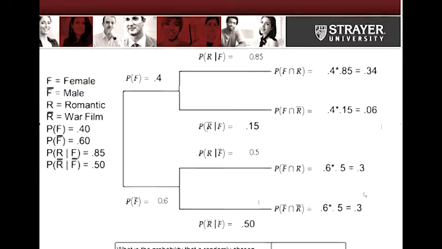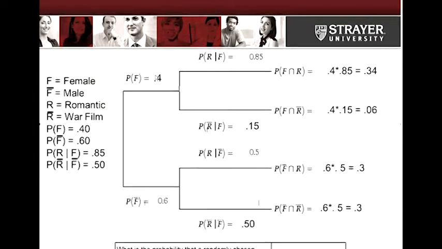It's the number of people that attended the war film. Does the tree diagram make sense? It's a pretty convenient way to get some probabilities that could be hard to keep track of if you didn't have a way to lay it out.